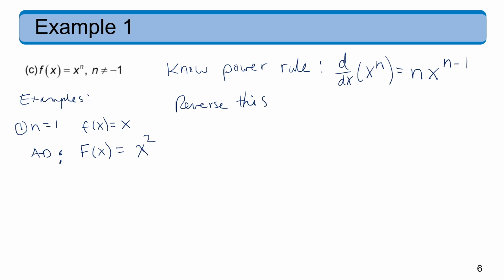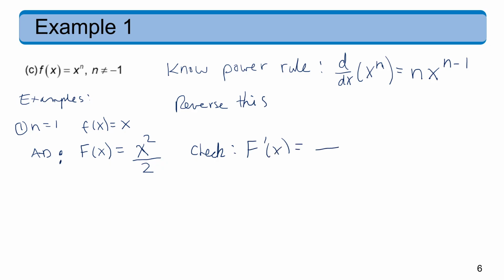But x squared doesn't quite work, right? Because the derivative of x squared is 2x, and we don't want the 2. We just want plain x. So we have to adjust this to get rid of that extra factor of 2. So we need to divide it by 2. Now let's check. When we calculate capital F prime, we're hoping we get x.